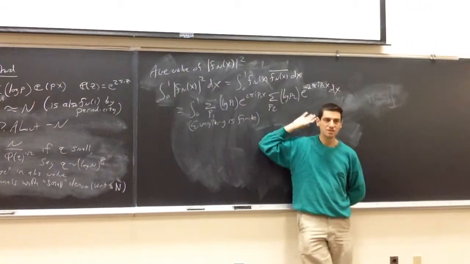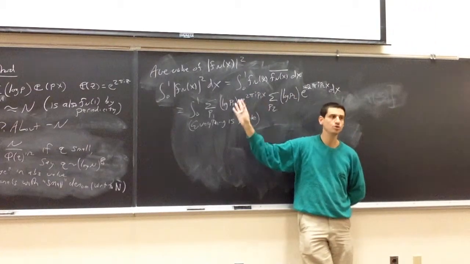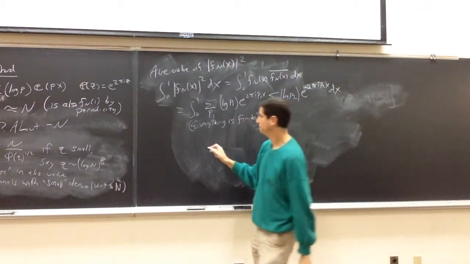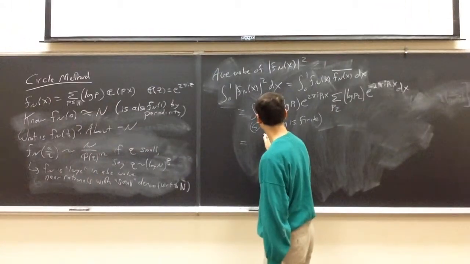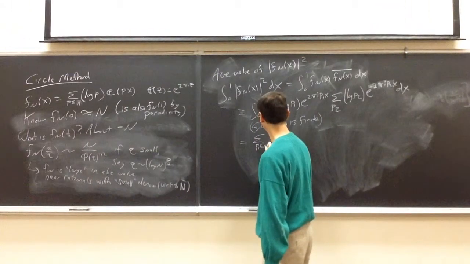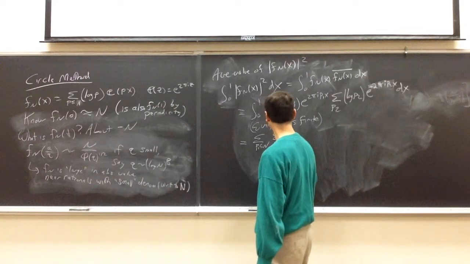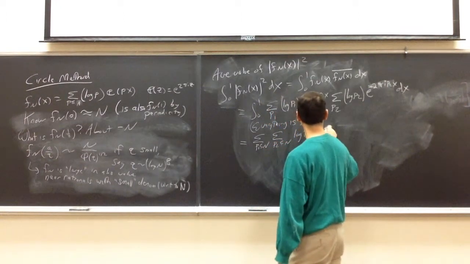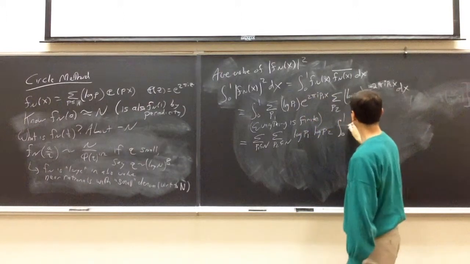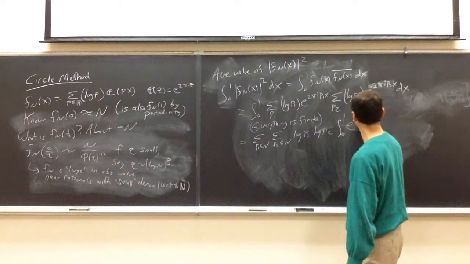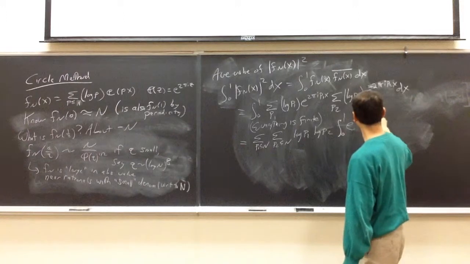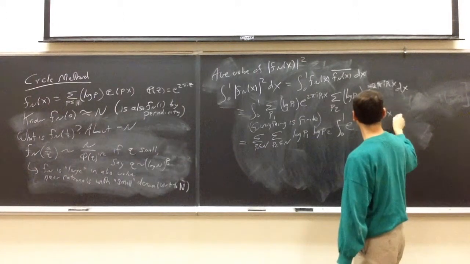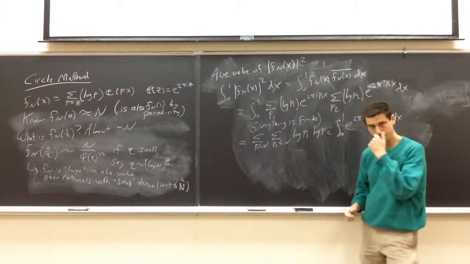When it's finite, this is one of our most common techniques: switch orders. Now we have the sum over p1 less than or equal to n, the sum over p2 less than or equal to n, log p1 log p2, integral from 0 to 1 of e to the 2 pi i (p1 minus p2) x dx. All right?